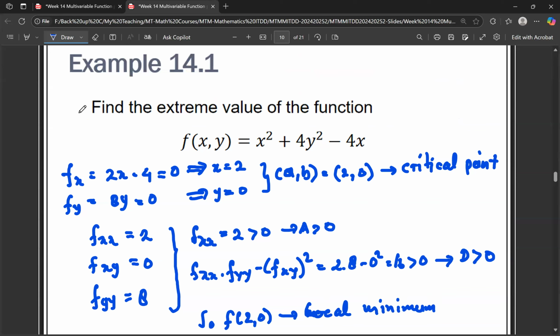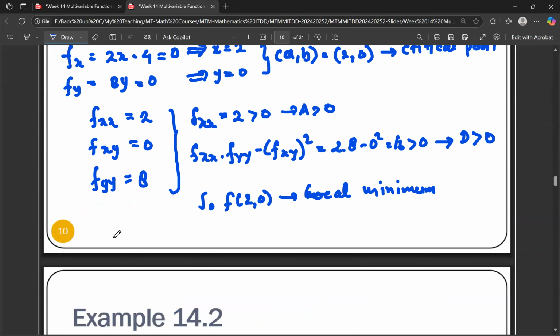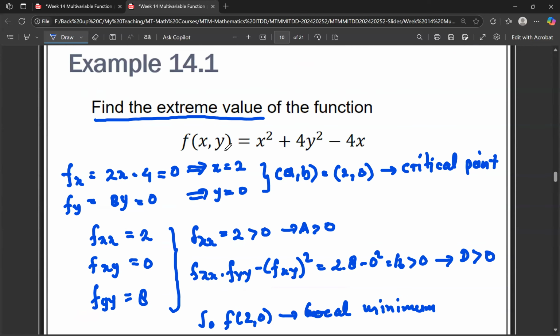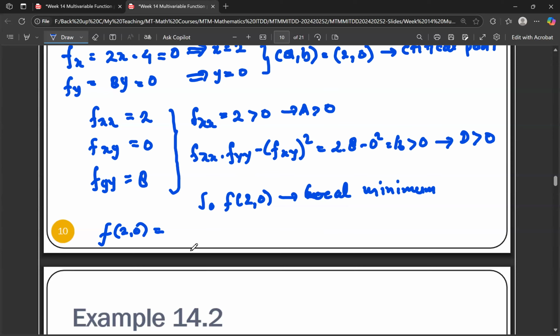Because we were asked to find the extreme value, we must calculate it. f(2, 0) means x replaced by 2, so 2 squared, plus 4 times y replaced by 0, minus 4 times 2.